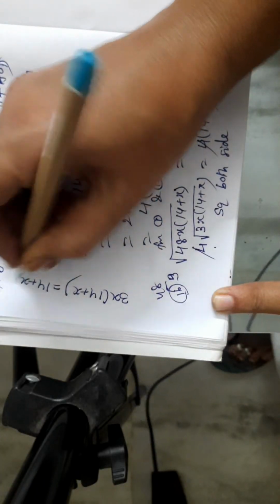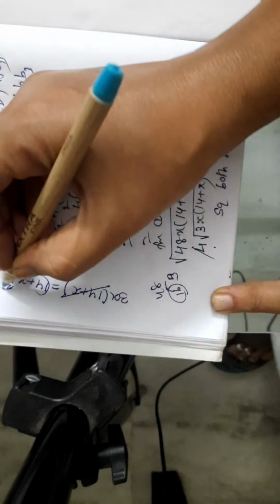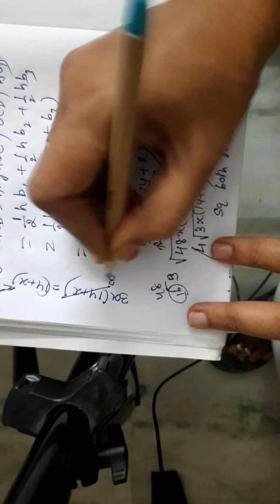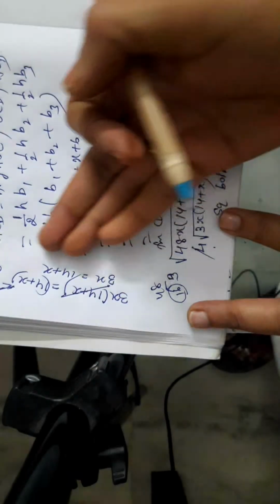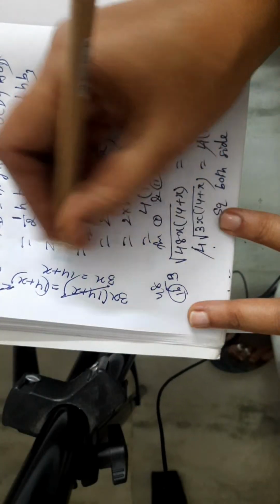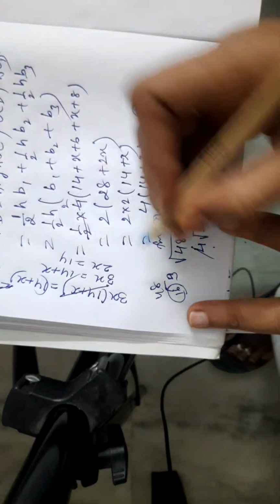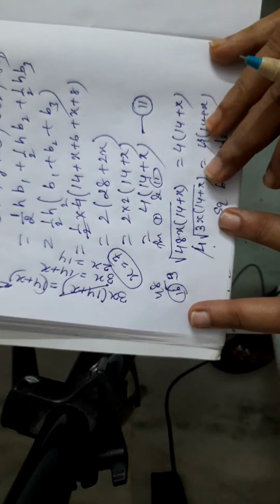Now 14 plus x will get cancelled. So finally we have 3x is equal to 14 plus x. Now shifting x towards the right, 3x minus x, 2x is equal to 14. So finally x will be 7. So this we got the value of x.